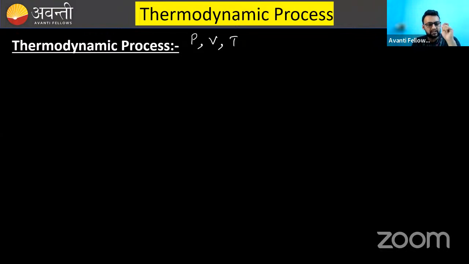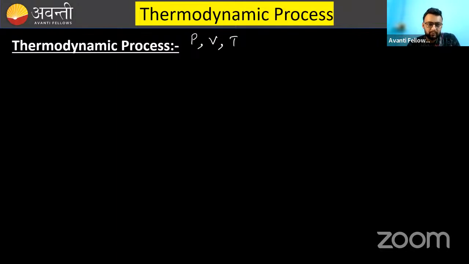Any process by which we can change either any one of them or all of them is called a thermodynamic process. P, V, and T are known as thermodynamic variables, and the process by which we can change them is known as a thermodynamic process.